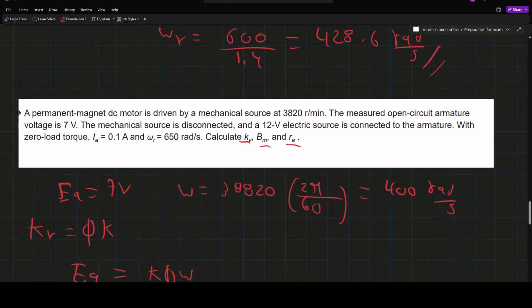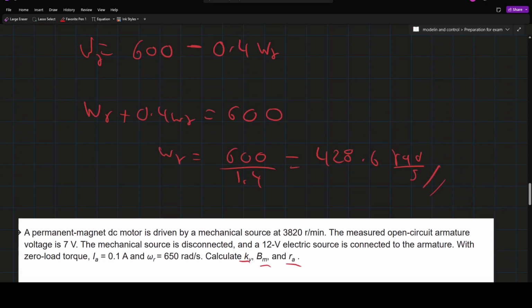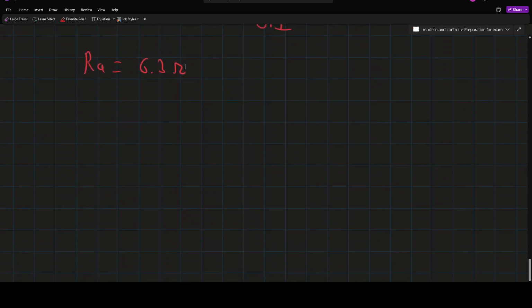Now we need to find the torque due to the friction. So if we have no load, all of the torque generated is the torque due to friction. So we have B, our friction coefficient, times omega equals K phi Ia.